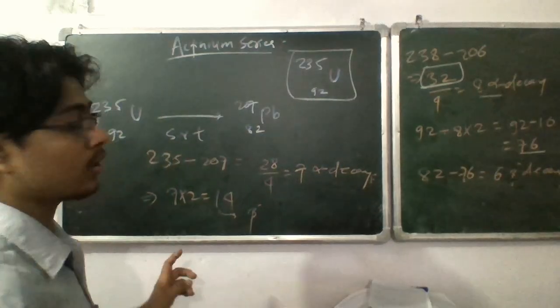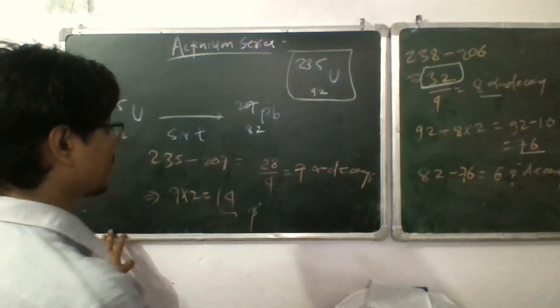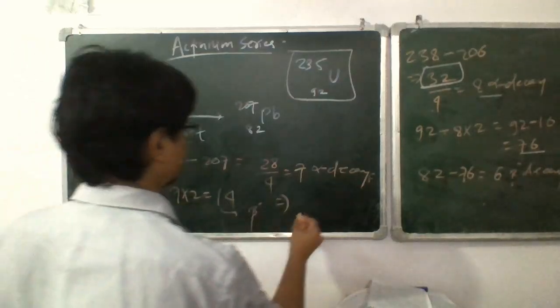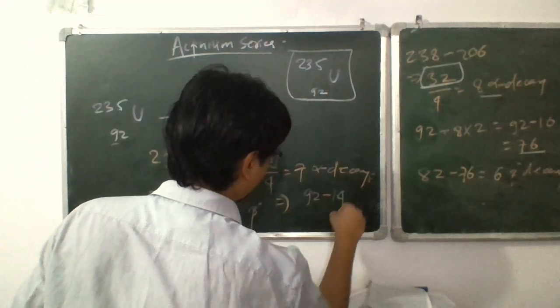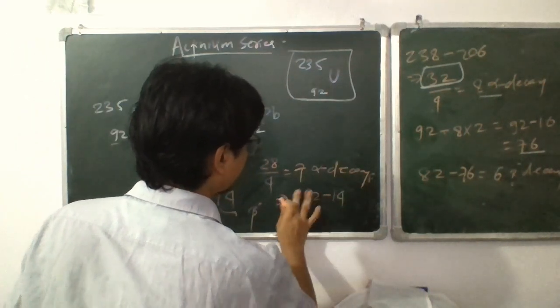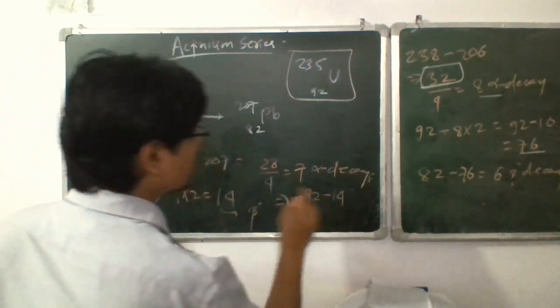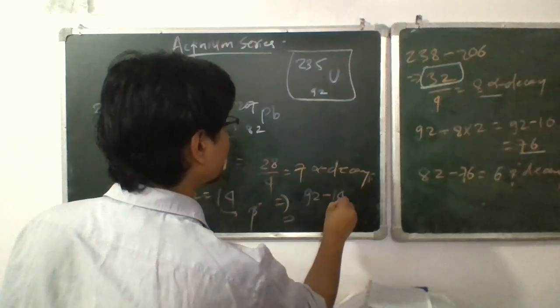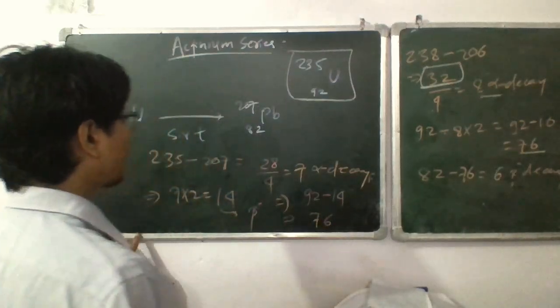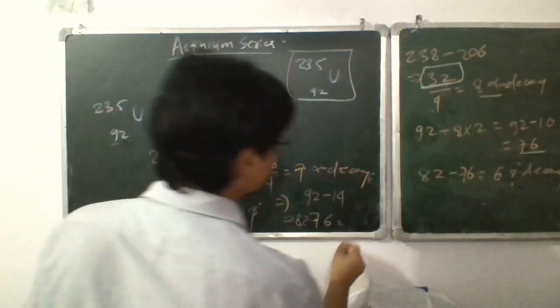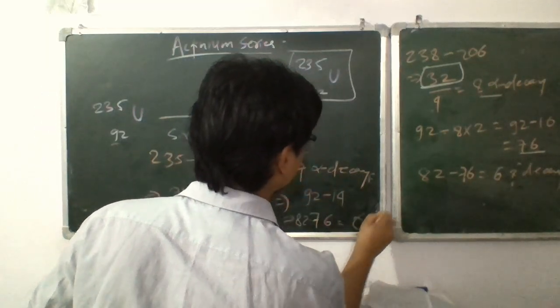To know the number of beta decays, we subtract 14 from 92, which gives us 76. Now 82 minus 76 would give us 6. So 6 is the number of beta minus decays.